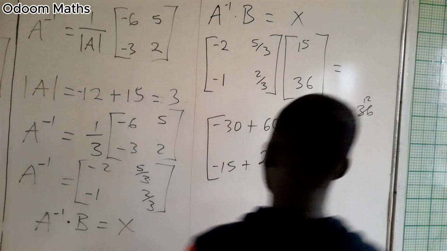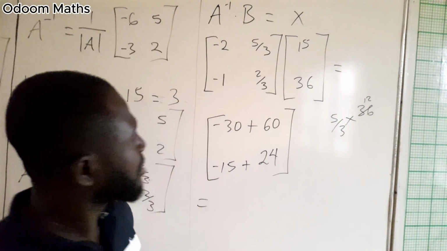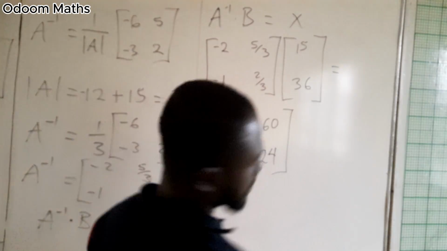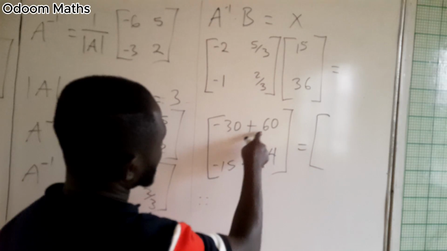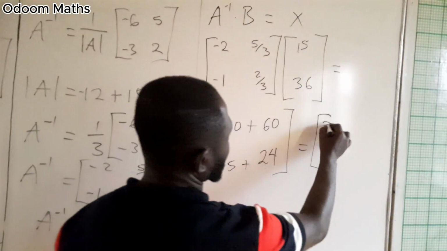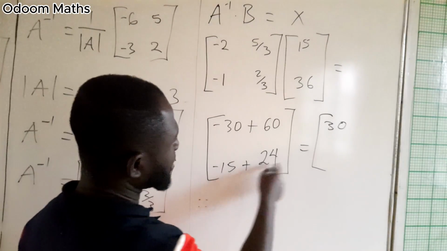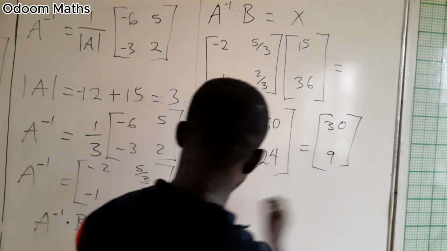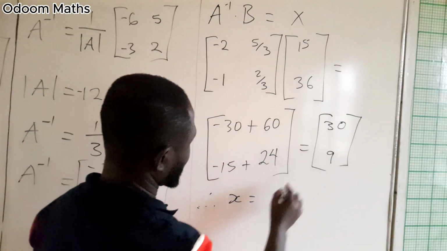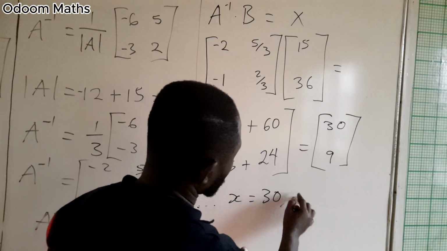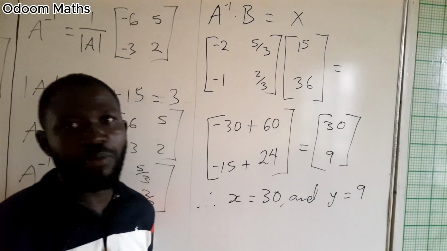So the answer to this is negative 30 plus 60, which is 30, and then negative 15 plus 24 is 9. So therefore x is the top component, so that is 30, and y is 9.